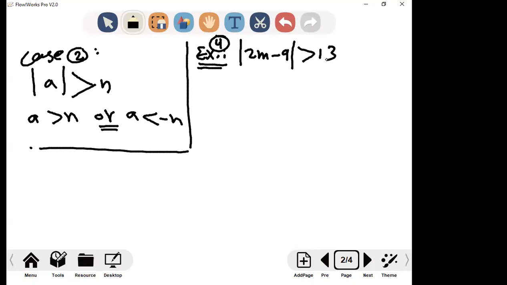So the first case here, second case. What's A? 2m minus 9, right? What's N?